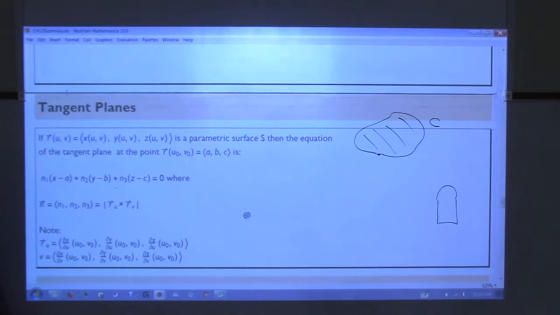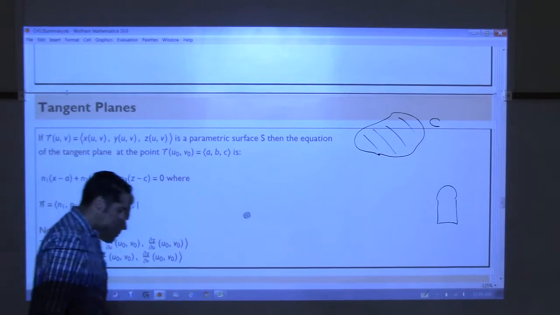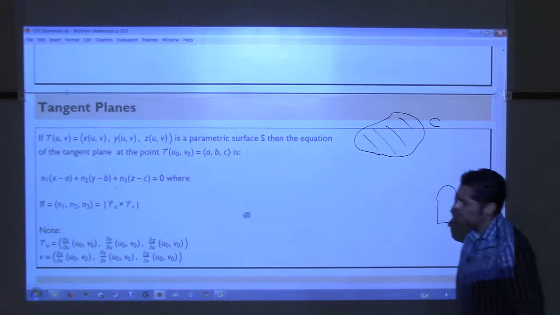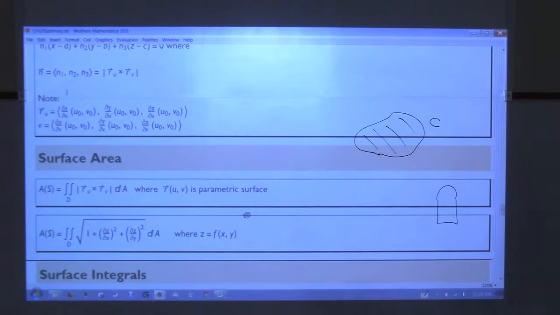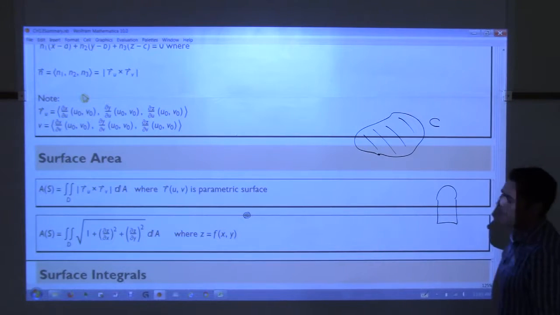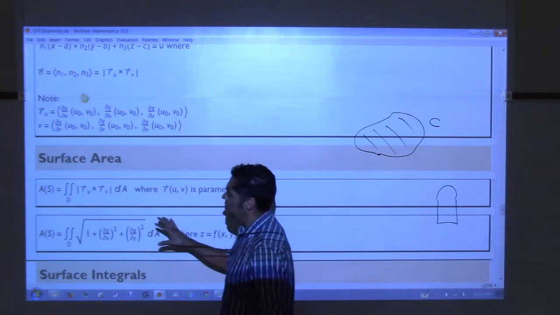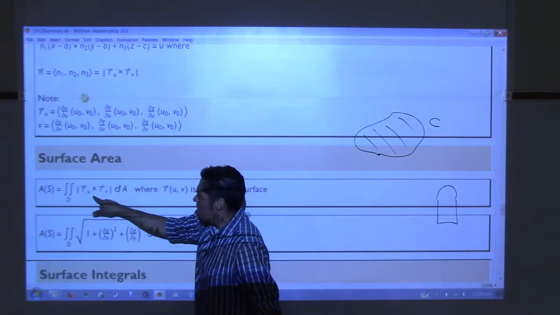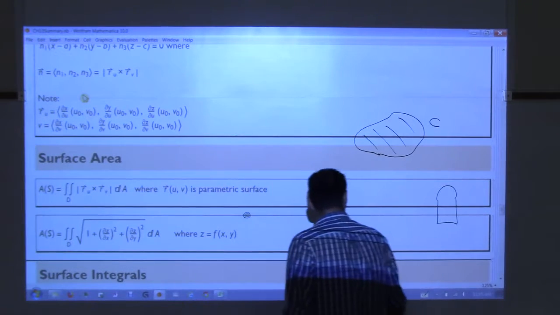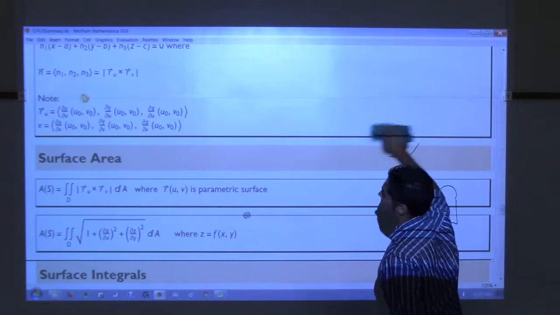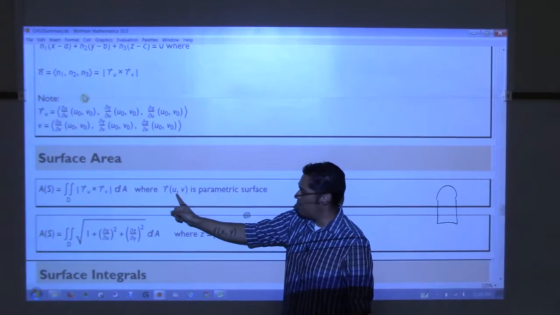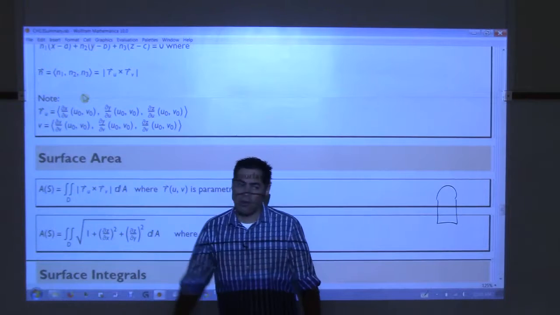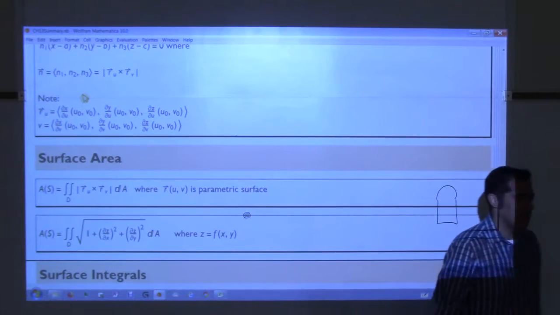We talked about tangent planes, gave you a formula for tangent planes, and then we talked about surface area. That's where we are right now. The surface area of a surface is this formula right here, the double integral over D, where D is the domain of your surface function, of the magnitude of the cross product of the partial derivatives, with respect to area.